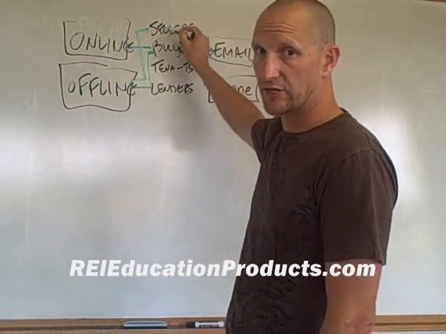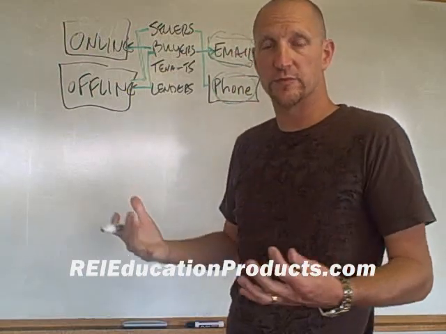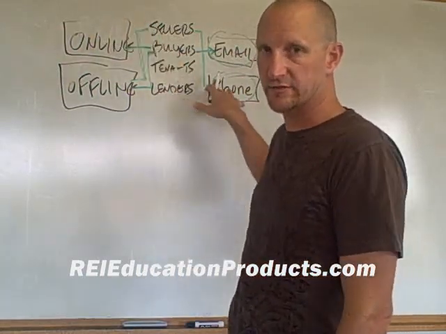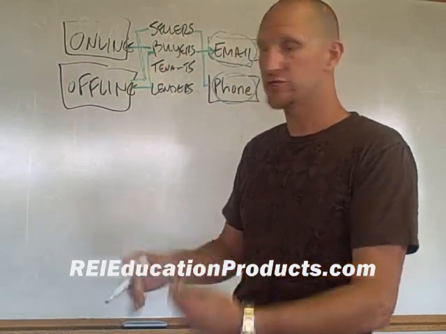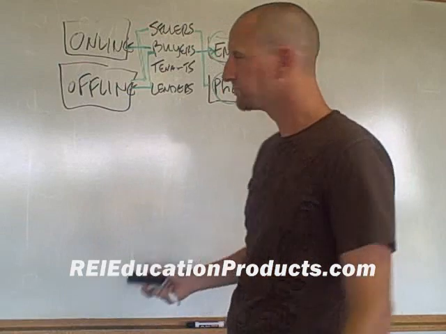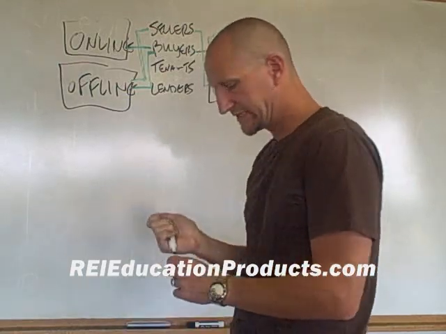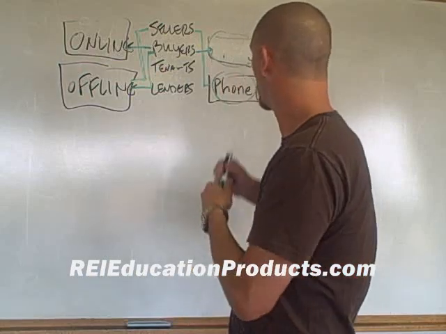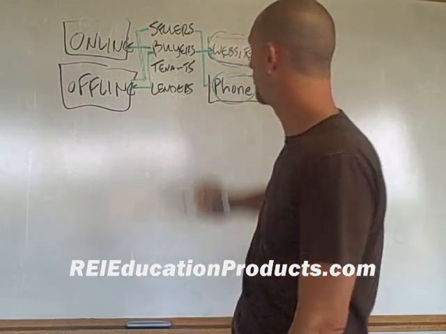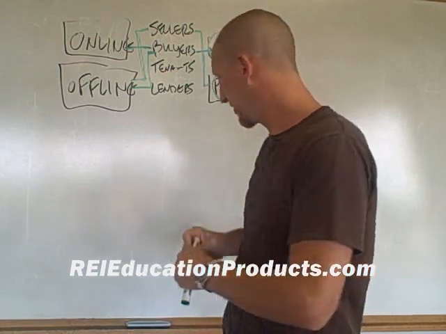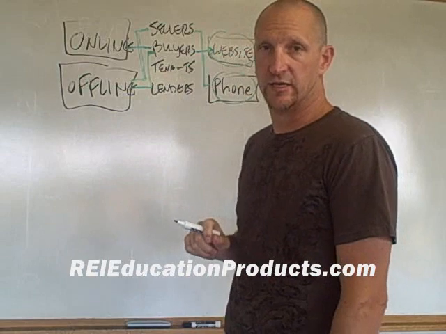So sellers are different than buyers in where we ultimately take them. Sellers we take to a phone system, buyers we take to an email, to a web page, okay? And maybe I could change this, and instead of calling it email, I'll call it a website.